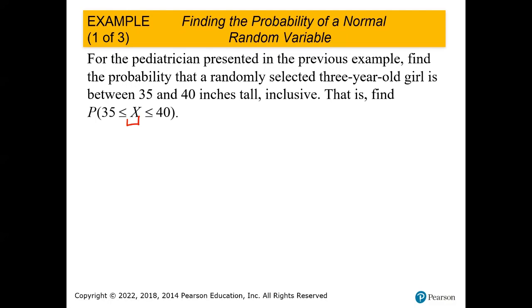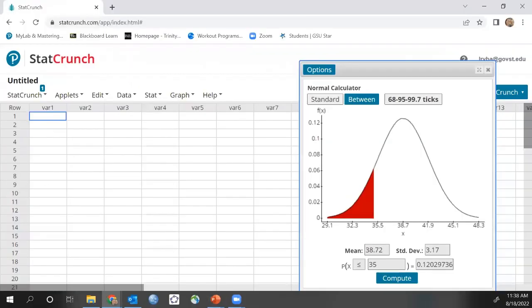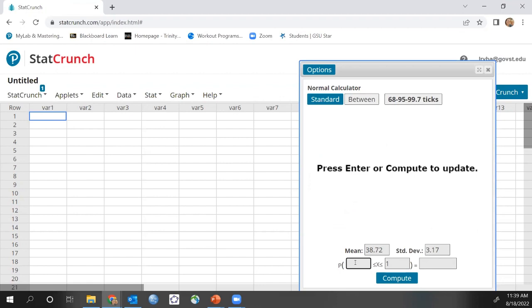I'm going to open back my StatCrunch here, and it still has all of my information in here. Remember that I can do less than and greater than here. If I want a between, I have to select the between button up here. And we want to go between 35 and 40.